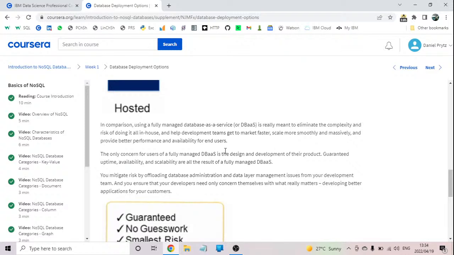And the only real concern for us as a user of DBaaS is the development of applications.